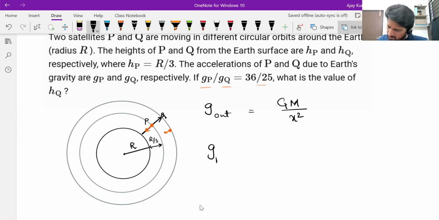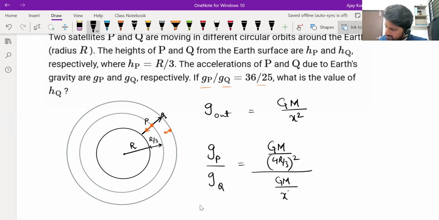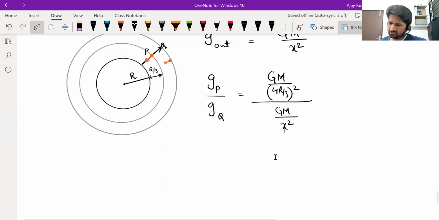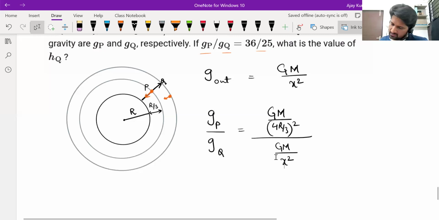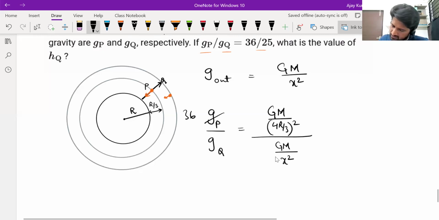So the ratio of gravity at P to gravity at Q will be GM by the radius of P squared. Now the height of P is R by 3, so the radius will be R plus R by 3, that is 4R by 3, whole square, divided by GM by the radius of Q. Let's keep it as x itself. From this you will get the ratio, which is given as 36 by 25. Looking at those numbers, 36 and 25, you should get the idea that squares are involved.